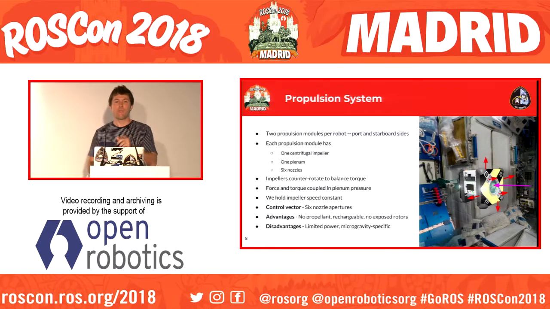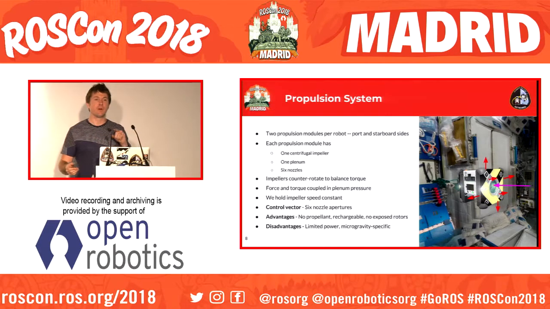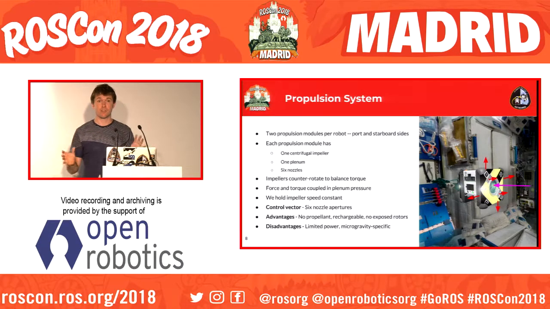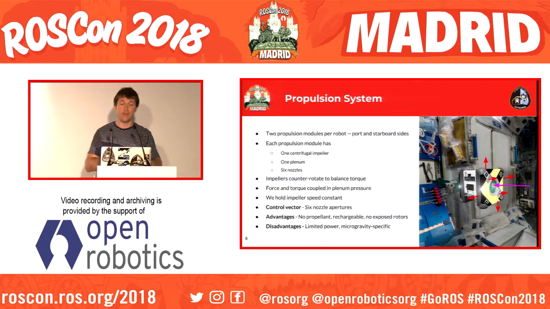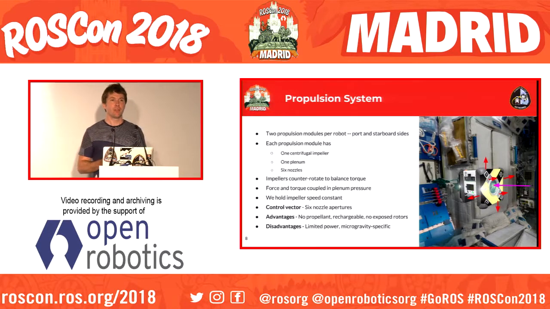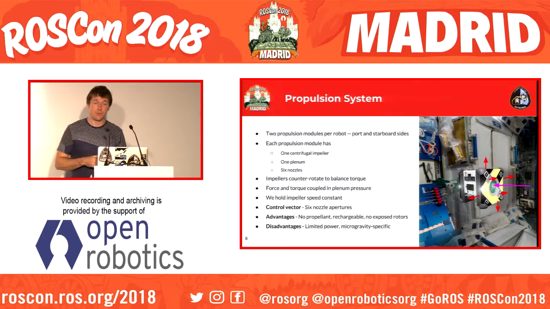Now, the complexity in this system lies in that it's a fully holonomic control system, and we're actually over-actuated, but the problem is that both force and torque are coupled in plenum pressure. So it means your force is not independent of torque. You have to adjust for the fact that your hard limit changes based on whether you're translating and rotating simultaneously.